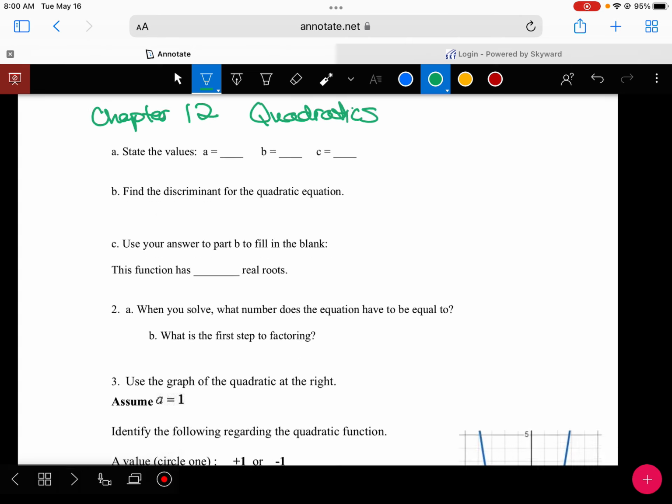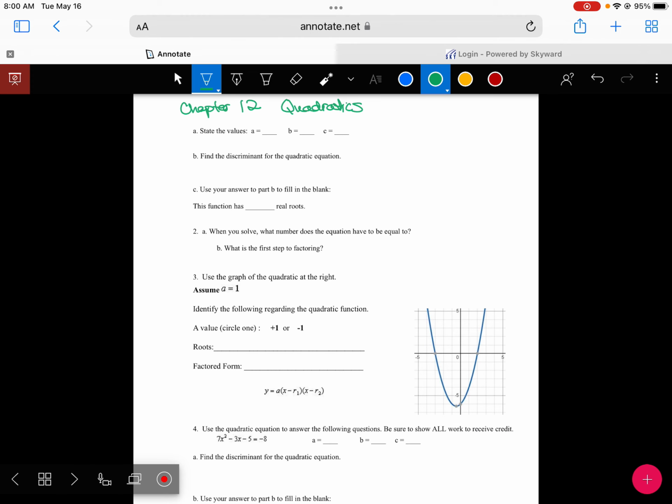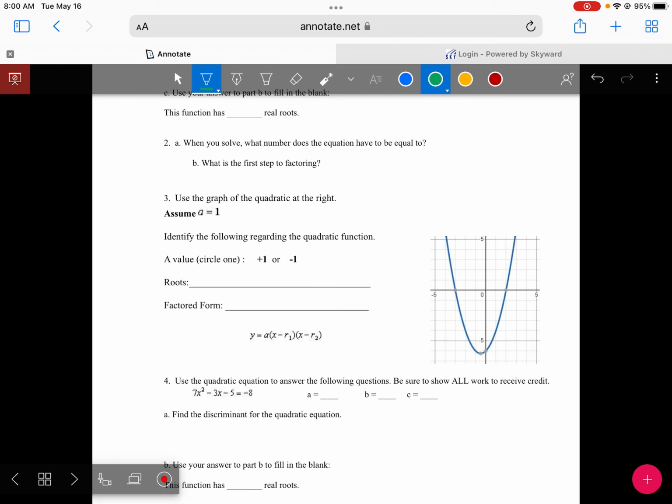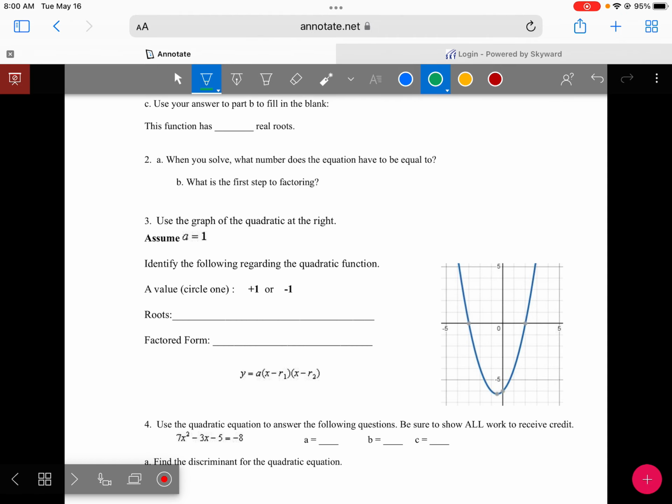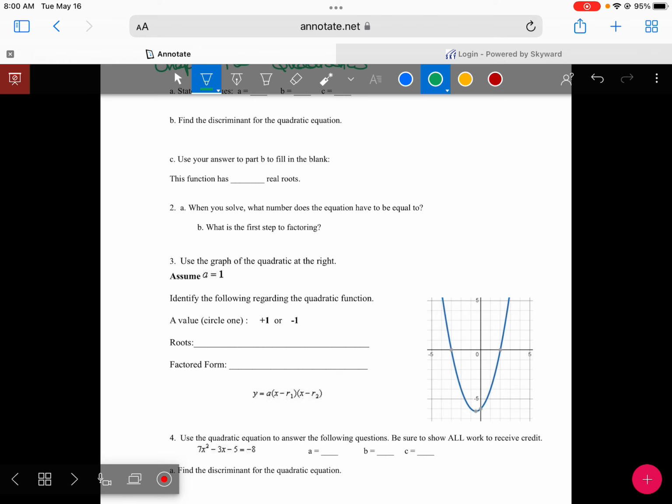So finding the discriminant, how many real roots, looking at this parabola, what are the roots, what is the factored form. I would like to go over all of that tomorrow because it's been a while and I know people usually have problems with this, okay? So the last 3 pages, chapter 12. Please work on that tomorrow.